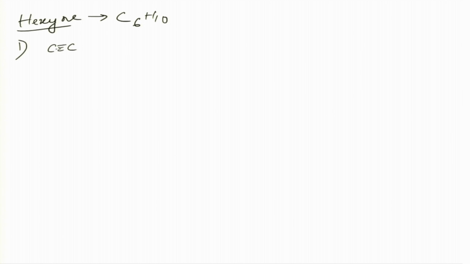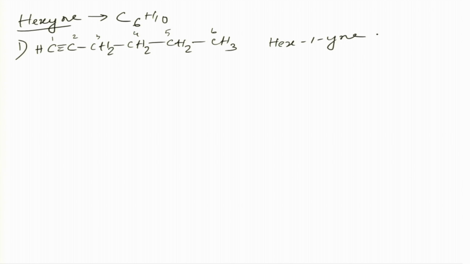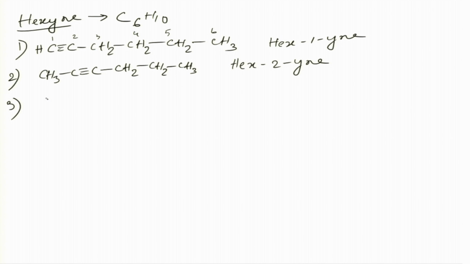So, how many structures of hexyne are possible? The first one is the straight chain hexyne, which we will call hex-1-yne. Now, the next one can be hex-2-yne. The next one, if we shift the triple bond to one more carbon, is hex-3-yne.